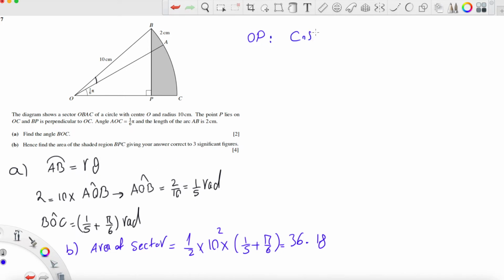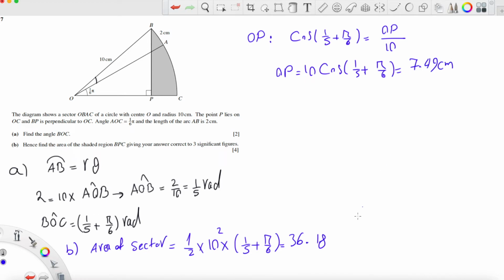Cosine of this angle, which is 1 over 5 plus pi over 6, is equal to adjacent, which is OP, over hypotenuse, which is 10. So OP will be 10 cosine of 1 over 5 plus pi over 6. It will give you 7.49 centimeters.